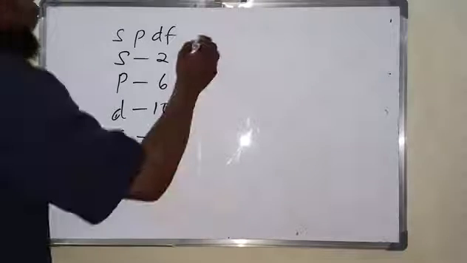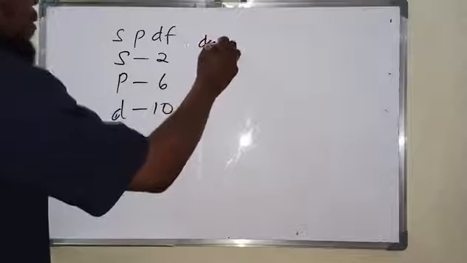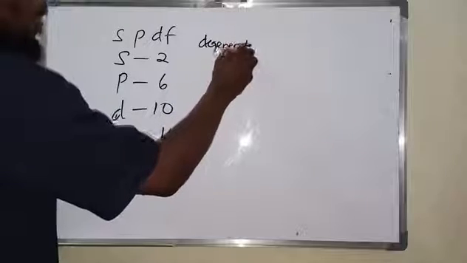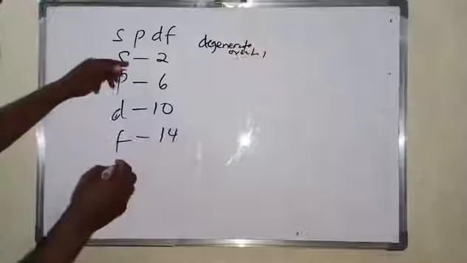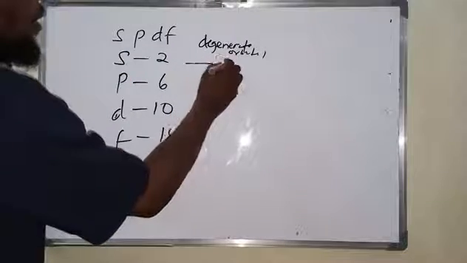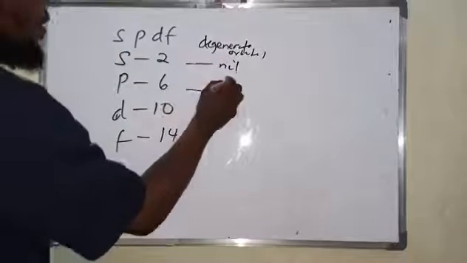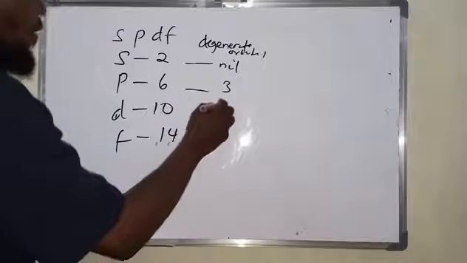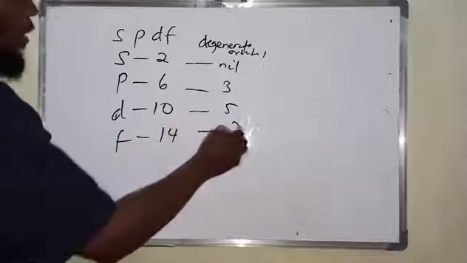And then there is what we call degenerate orbitals. In terms of that, the s orbital does not have a degenerate orbital. The p has three degenerate orbitals, then d has five, and f has seven.